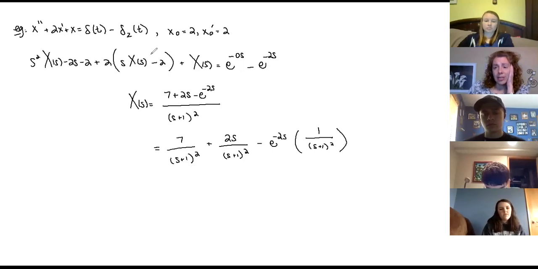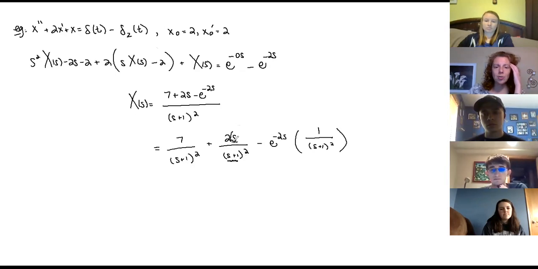I can find inverse transforms of these, but I've got a problem with the second one. In the second one, I've got an s plus 1 in the denominator, so that means I also have to have an s plus 1 in the numerator. They have to match, right? Remember, when you've got an s minus k or an s minus a, they have to match.